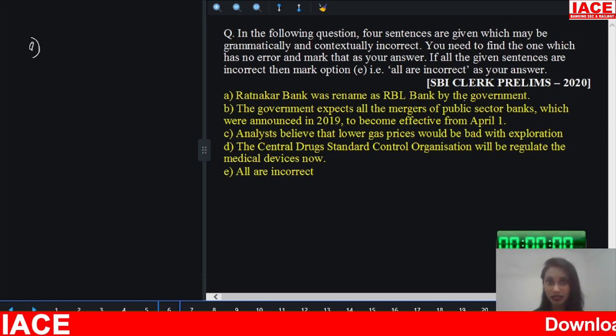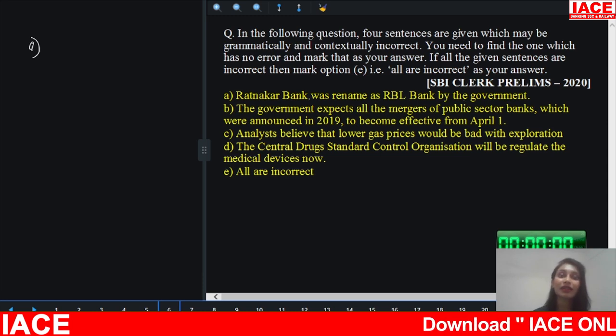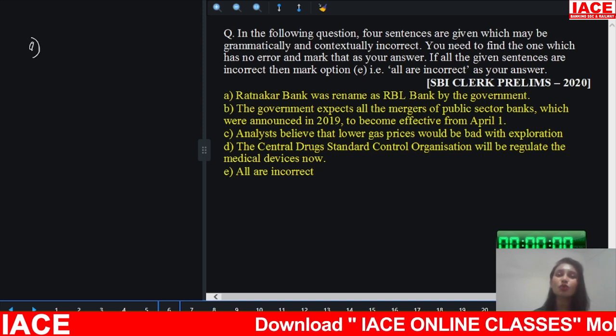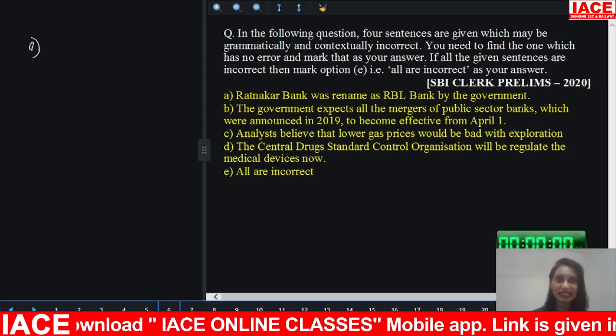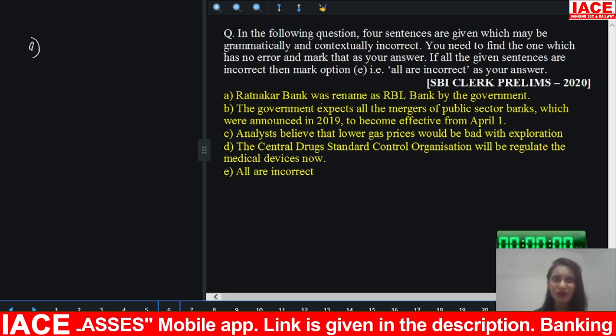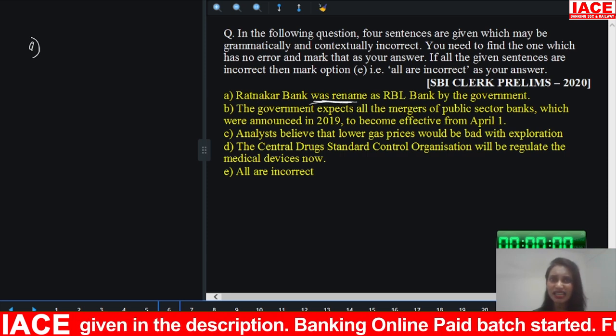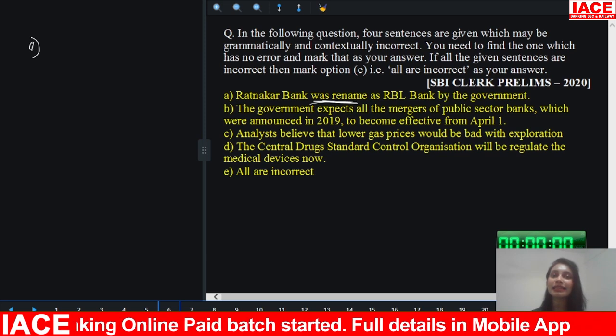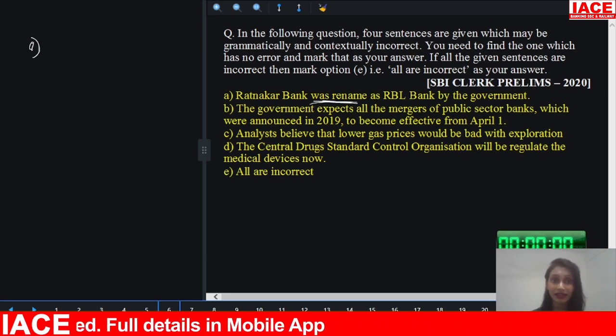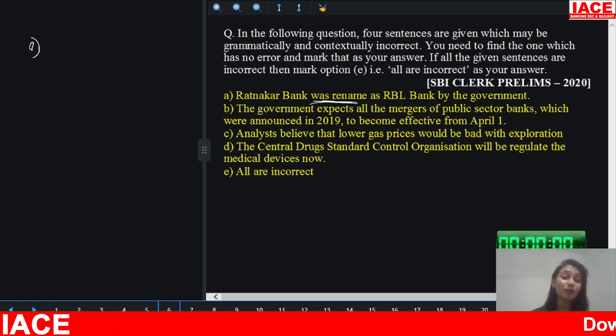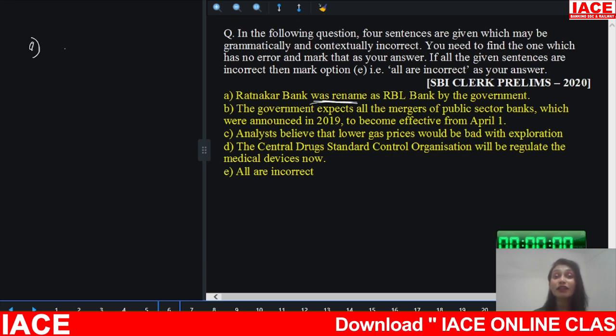Ratnakar Bank Limited is RBL full form. So Ratnakar Bank was renamed. Does it give sense here? Was renamed? No, right? So the sentence is in passive voice. It's very clear. Ratnakar Bank was renamed. No, it's not correct. Because in passive voice, generally, we go with main verb in V3.